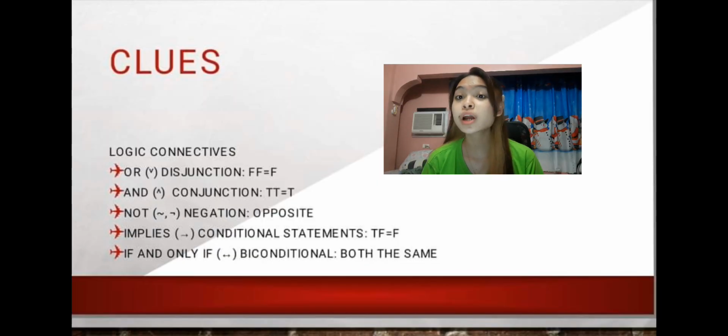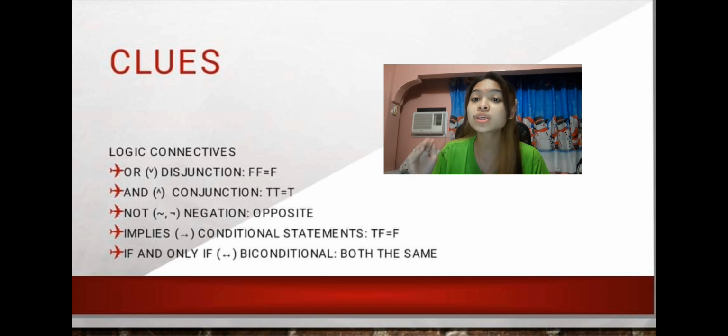In logic, there are clues to make your solving or analysis easier. So this is for the truth table, guys. For the disjunction, if the truth table is FF, then it is false.